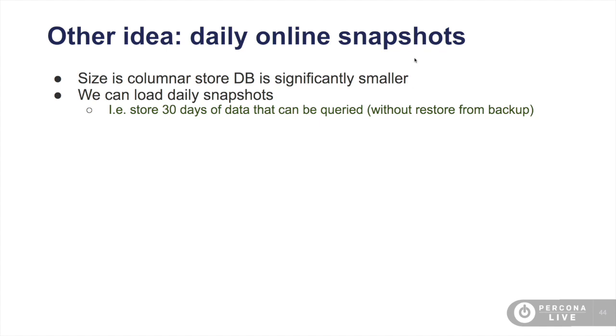So what if we use the ColumnStore database, like ClickHouse or MariaDB ColumnStore, as an online snapshot database? What I mean by that is we can have multiple databases and store 30 days of data, with each database representing basically each day.